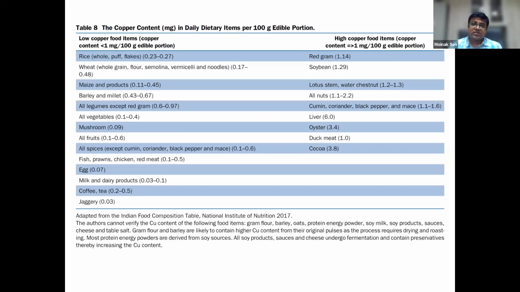The dietary items in India that actually contain high copper, according to the National Institute of Nutrition, are red gram, soya bean, and some nuts and spices. But you don't eat a lot of nuts and spices in large quantities, so that does not really give rise to a large burden of copper. The rest of the items in India contain low copper, less than 1 milligram per 100 grams of edible portion.